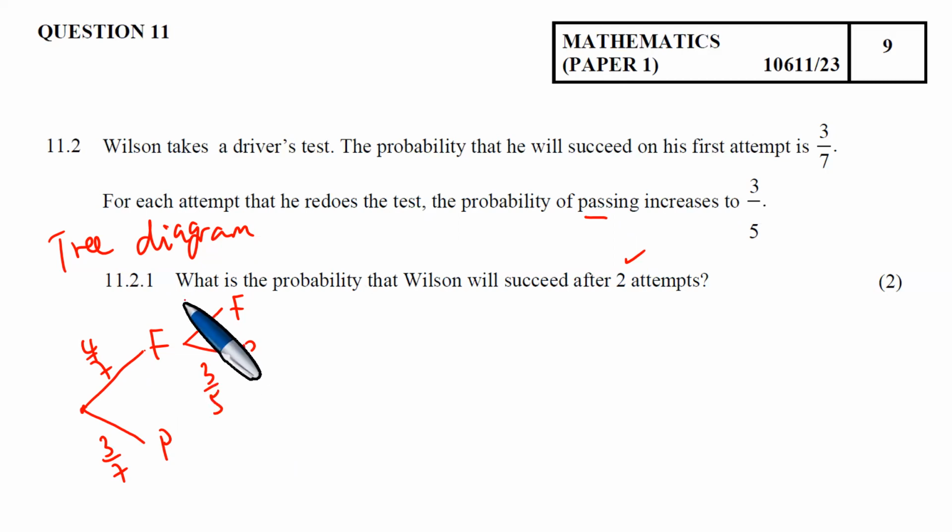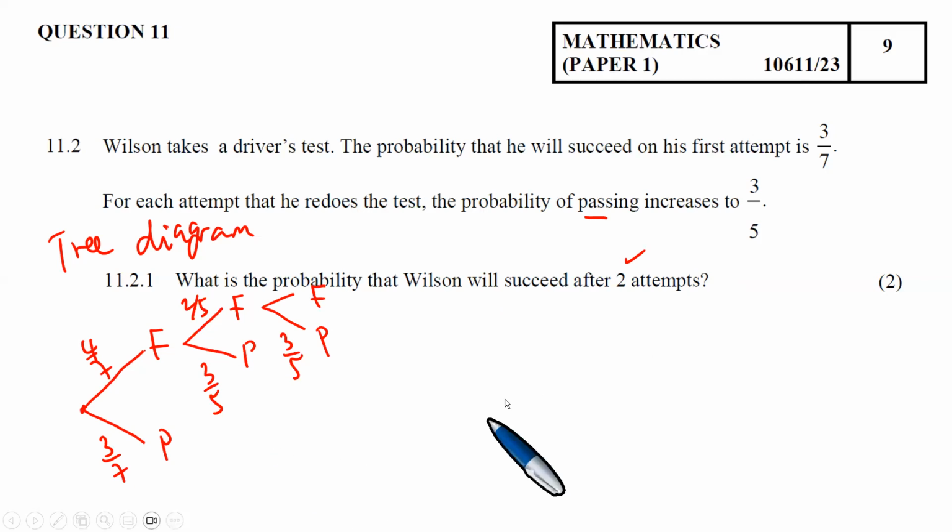And then if he fails, the probability of failing becomes 2 out of 5, because 2 plus 3 is 5 out of 5. So this can continue. If he does it for the third time, he's going to either pass or fail, but the probability of passing is 3 out of 5. Good.